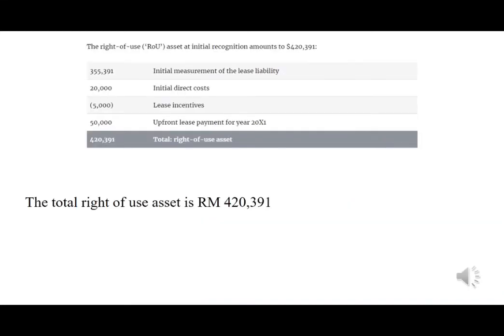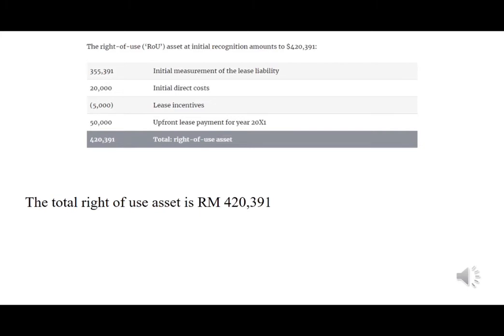On this slide, we will calculate the total right of use asset. Firstly, we take the initial measurement of the lease liability that we calculated before, which is 355,391. Then we take the initial direct cost, which is 20,000, the lease incentive of 5,000, and the upfront lease payment for year 20x1, which is 15,000.